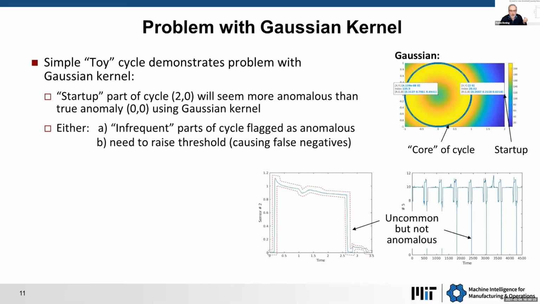But it's only 1 out of 1,000 time points, so it has a very low density associated with the startup. Those uncommon but not anomalous points, low probability but not anomalous, can cause you to have false alarms. Or if you want to avoid the false alarms, you have to raise the threshold, and now you get a different trade-off of detecting real alarms versus false negatives.